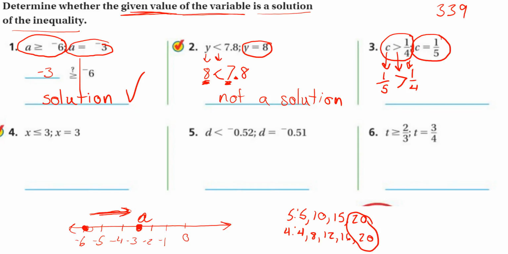So I want to change 1/5 to have a denominator of 20. And I want to change 1/4 to have a denominator of 20. To get 5 up to 20, I have to multiply by 4. So I multiply the numerator by 4 as well to get my new numerator, 4/20.